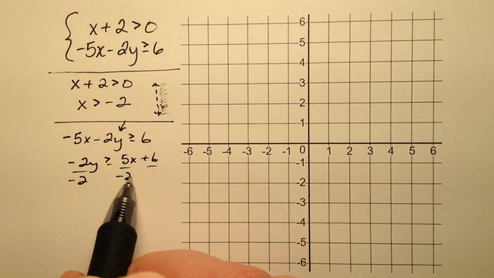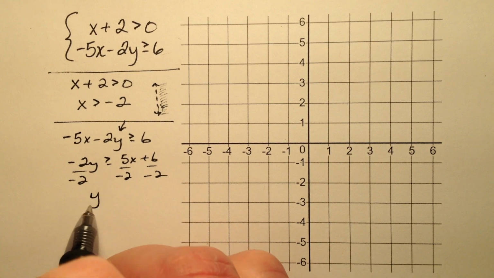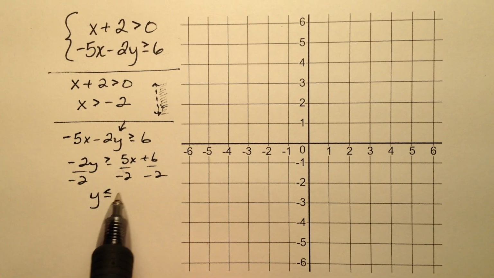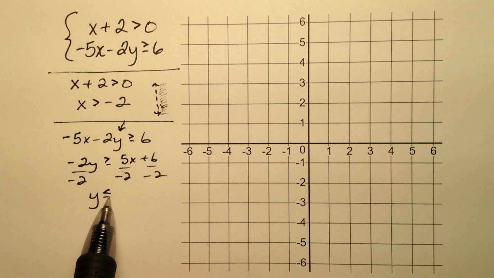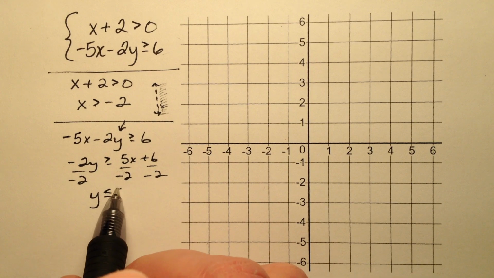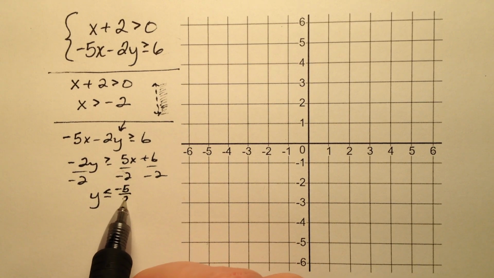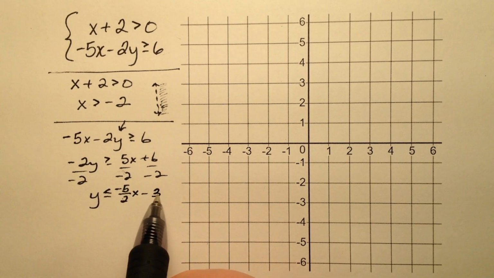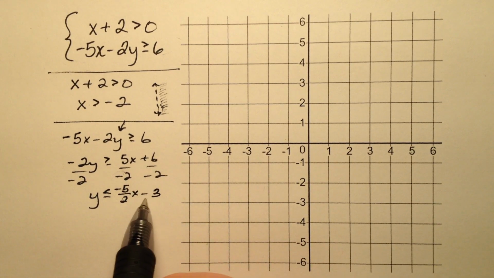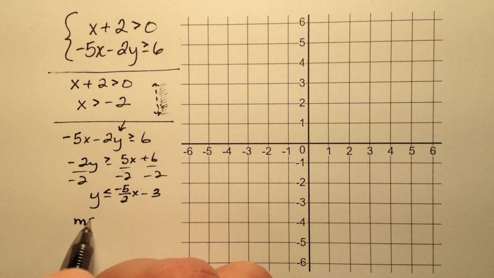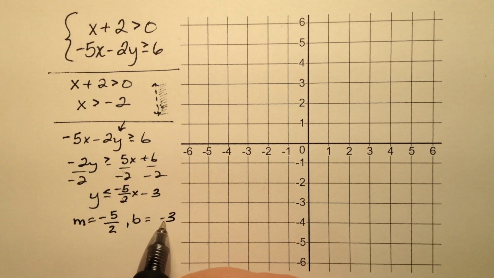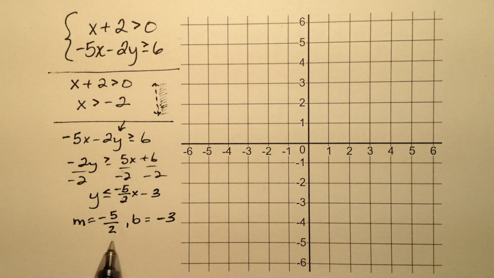When I divide every single term by -2, well, first of all, I'm dividing by a negative, so I have to change the sign of the inequality and flip it around from greater than or equal to less than or equal to. My slope will be -5/2 x, and my y-intercept here is 6 divided by -2, which is -3. So as I just said, the slope is -5/2, and the y-intercept is -3.